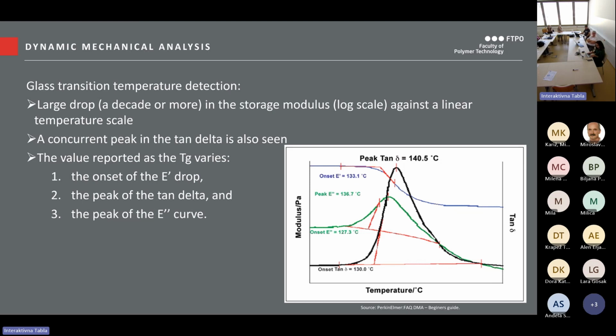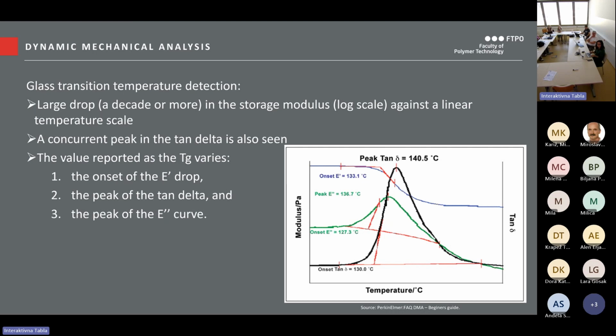If we want to see the Tg, it's usually seen as a large drop in the storage modulus curve of a decade and more if you use a logarithmic scale for the storage modulus and a linear scale for the temperature.